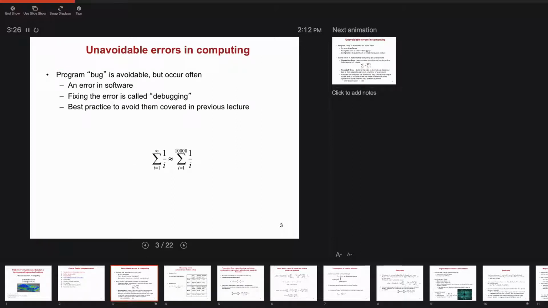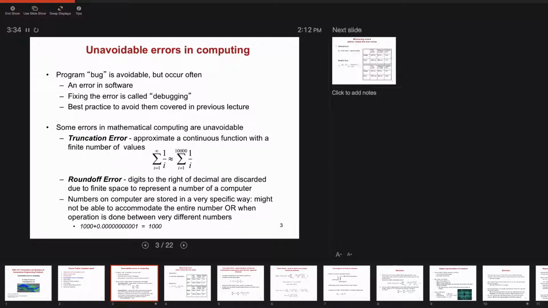So again, bugs are what we call avoidable errors. Those are the ones that we typed in and have to figure out where they were. However, some of them are not avoidable. So here's the example of the truncation error that I mentioned. If I have a formula that sums up all of the elements of the type 1 over i, as i goes from 1 to infinity, okay?